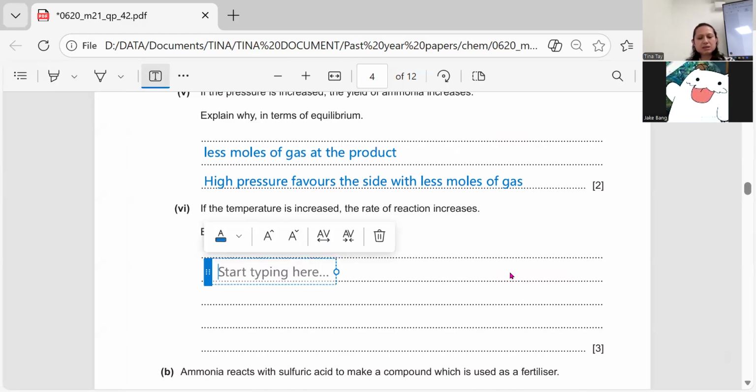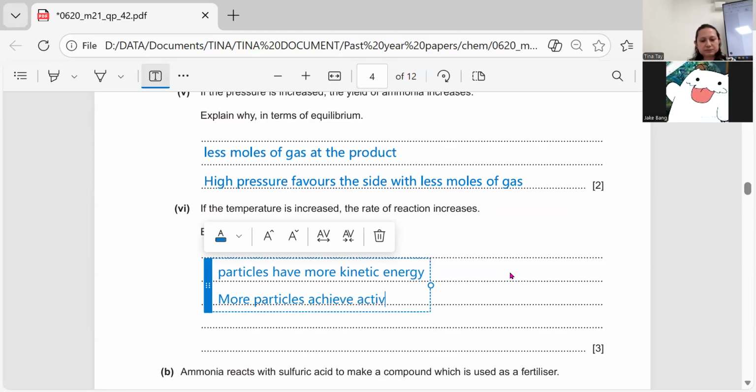So particles have more kinetic energy, more particles achieve activation energy, and then the frequency of successful collisions increases. Very good.